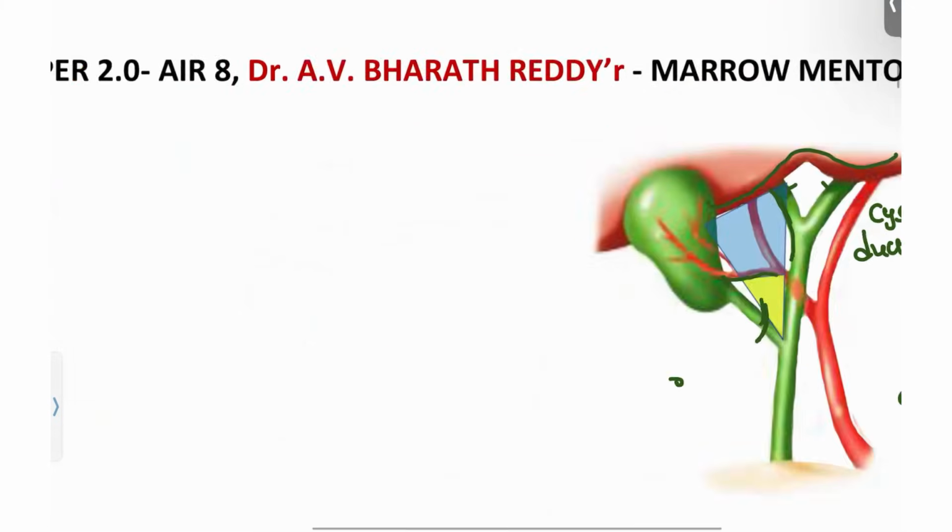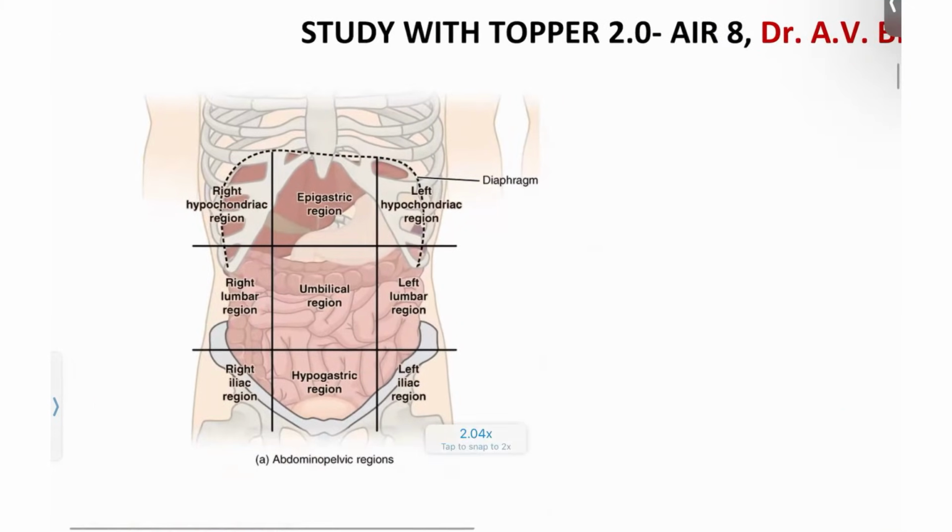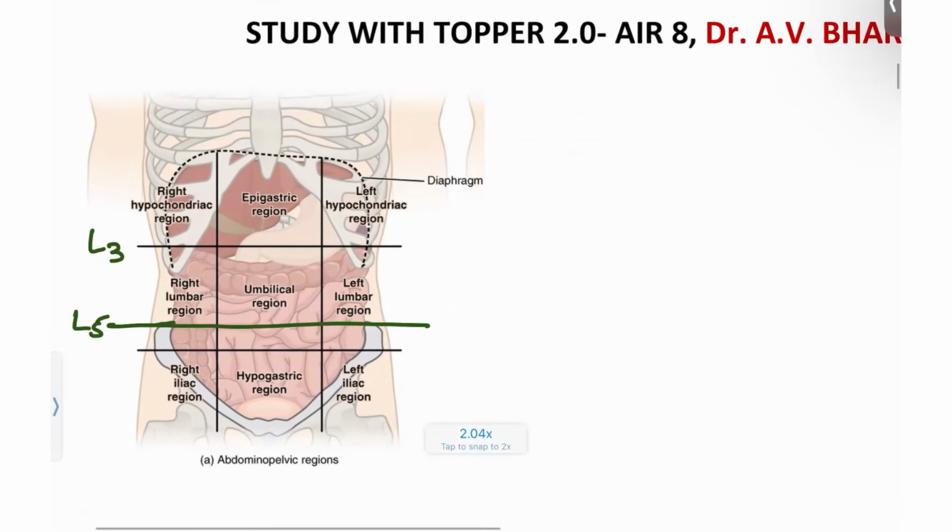Next, moving on to the abdominal region. In this abdominal region, you have to remember three important points. First, this is the L3 border and this is your L5 border. Here, these tubercles belong to the L5 border. And in L3, what is present, guys? This is your subcostal plane, subcostal line.